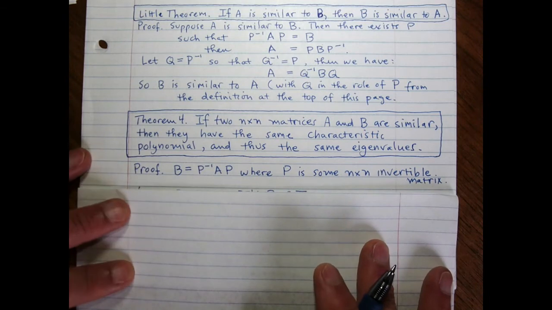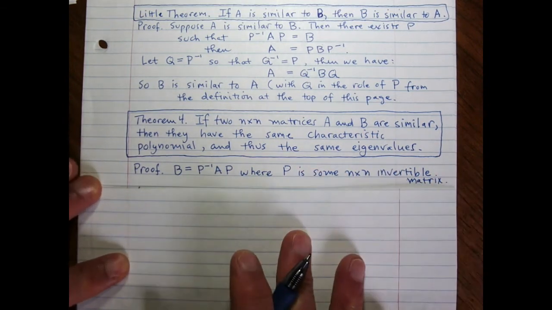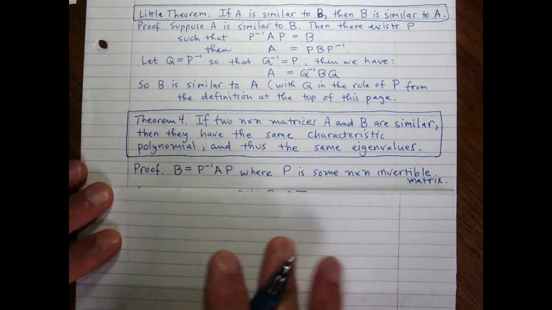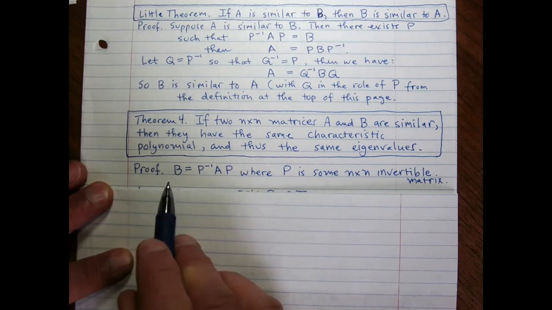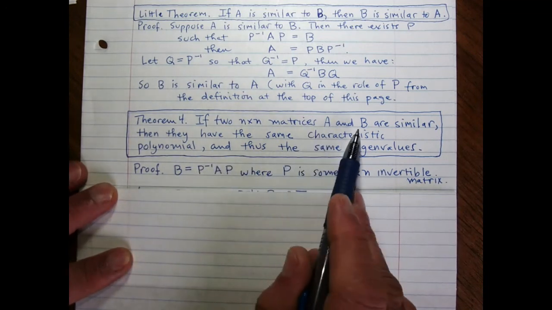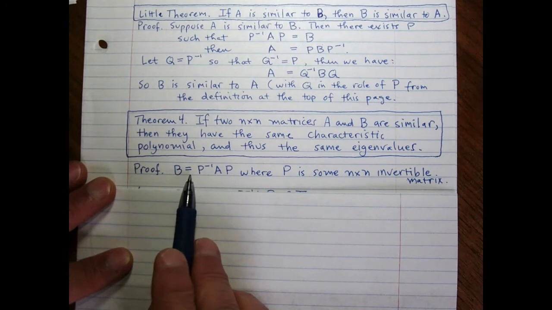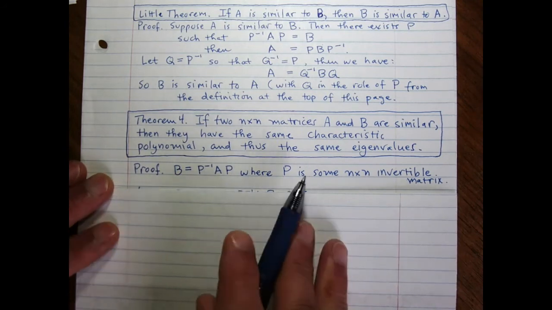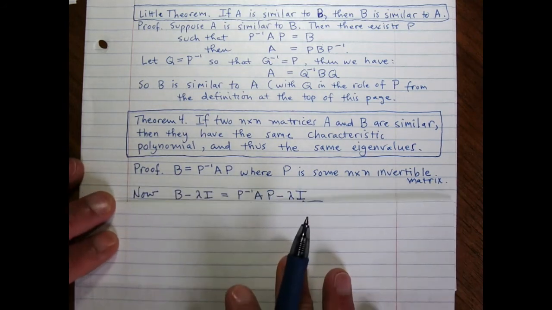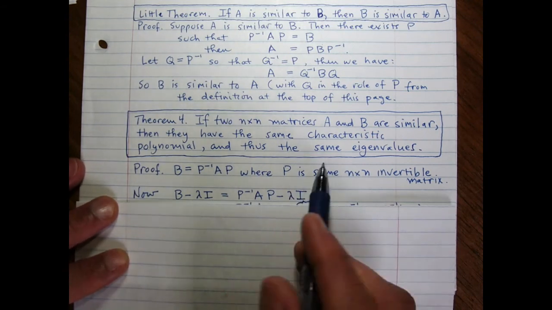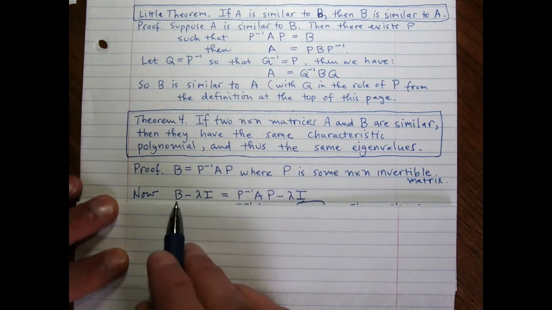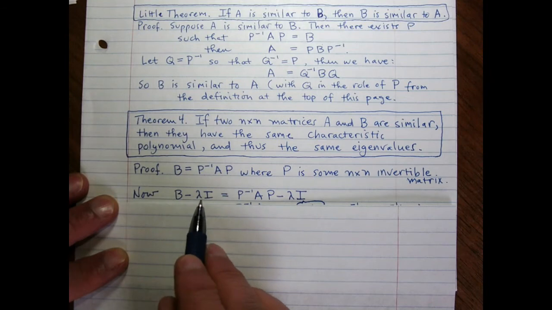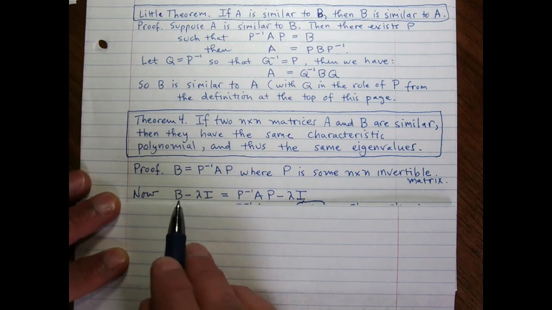Now this proof is kind of interesting, and it's something I would want you to be able to reproduce. I think it's very accessible. So suppose A and B are similar, so B can be written as P inverse AP, where P is an n by n invertible matrix. If we're thinking about eigenvalues, we want to think about this B minus lambda I matrix.